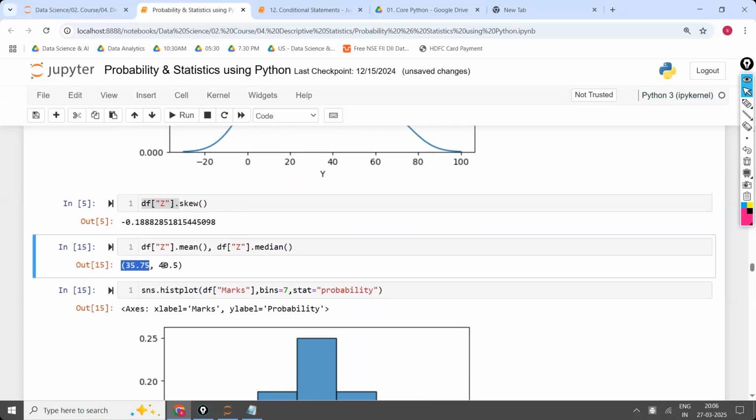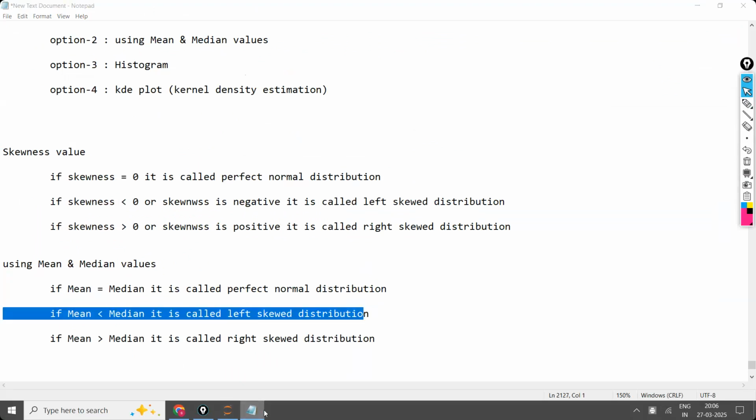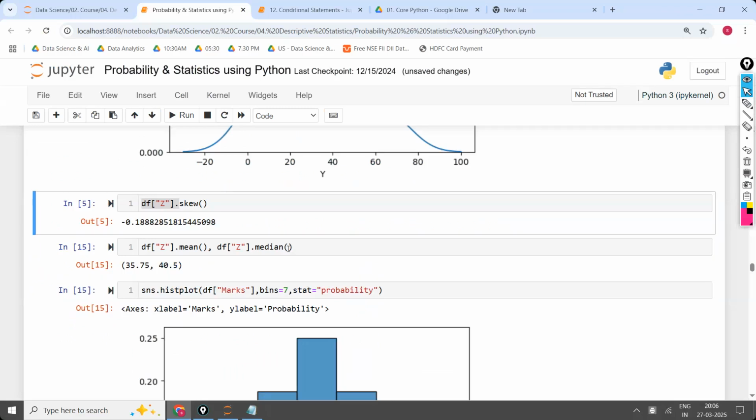First one is the mean value, followed by the median value. So the mean is less than the median. When the mean is less than the median, it is called left skewed. And from the skewness also, what have you got? Minus, which is left skewed. This is also concluding left skewed.